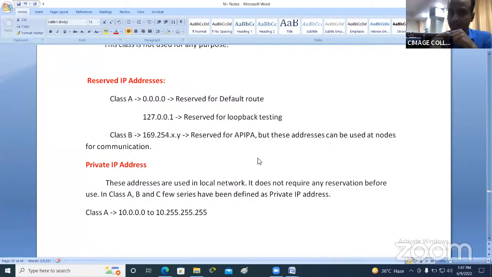For this testing, the IP 127.0.0.1 has been mentioned with the operating system, with the driver files.